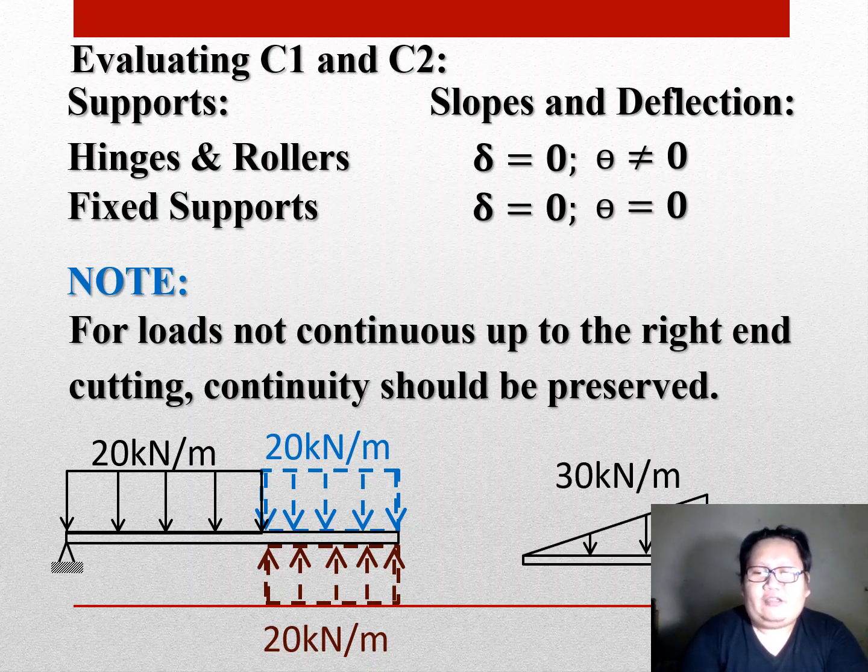If a triangular loading is used, then we have to maintain the slope of 30 kilonewtons per meter applied in the triangular loading. And since we're adding that same amount, then we are going to subtract it. And to know the value at the rightmost end, all we have to do is use the proportionality of a triangle.